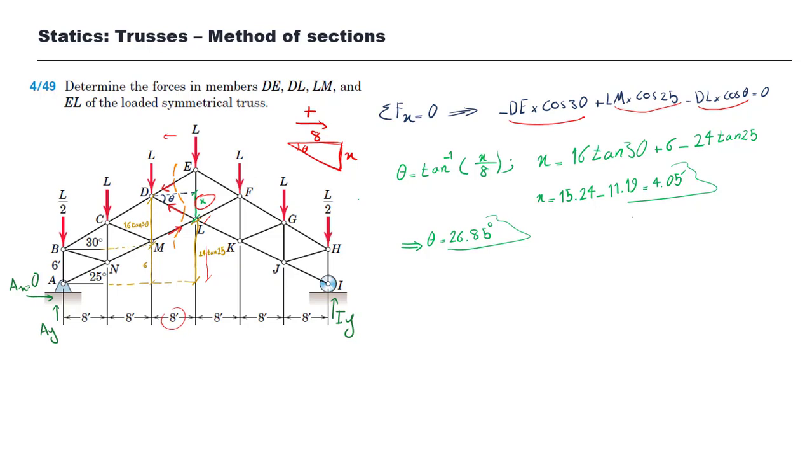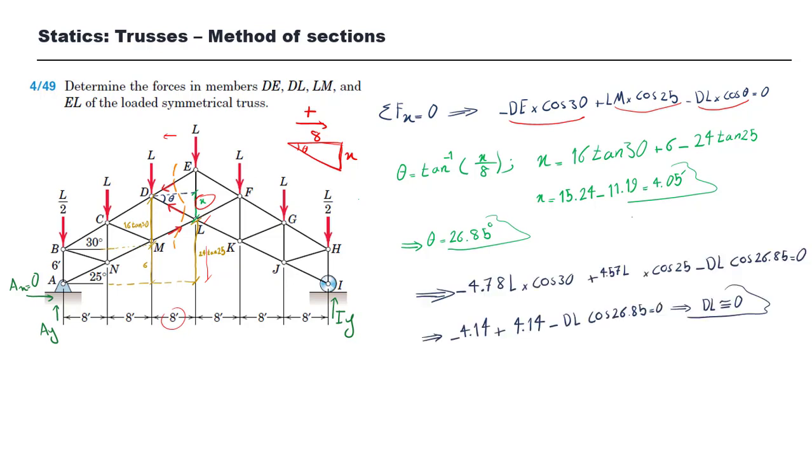And we know that theta is equal to inverse tangent of x, which we calculated, over 8. So we have theta equals 26.85 degrees. By knowing theta, we can solve this equation, and it gives us dl equals 0. So dl is a zero force member under this arrangement of forces.